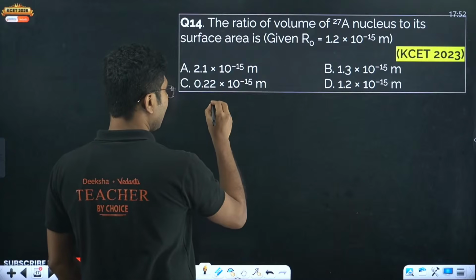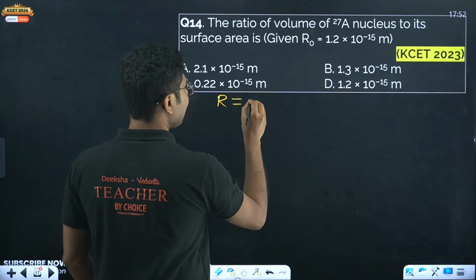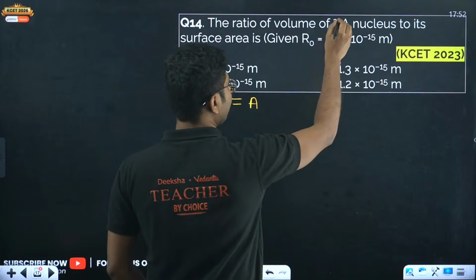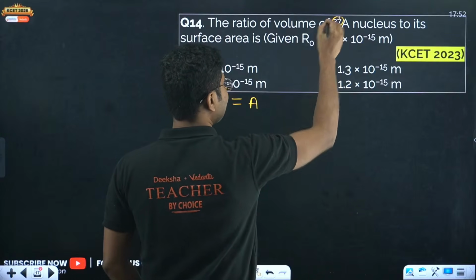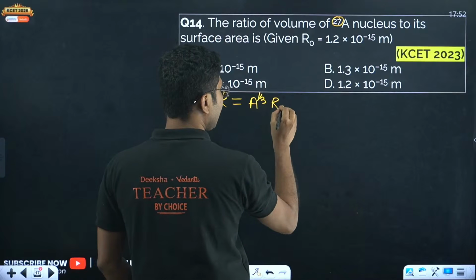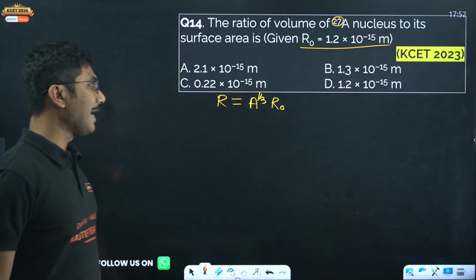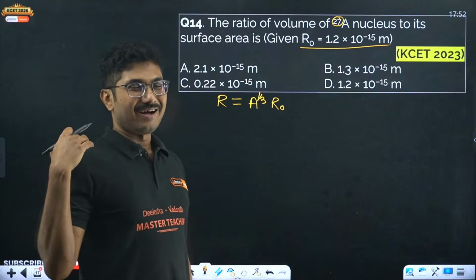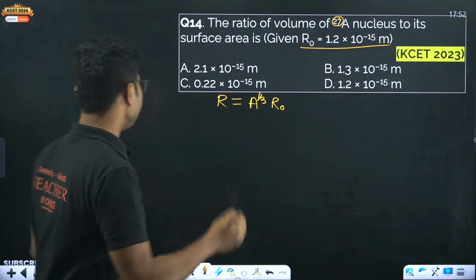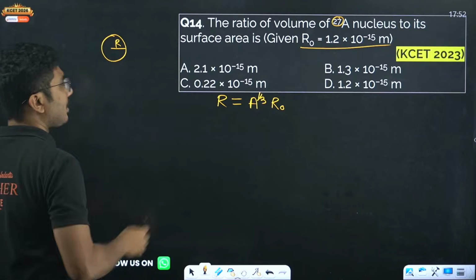Suppose the radius is given by R. R is given as the mass number to the power 1/3 times a constant R naught. The R naught value is given in the question. This is the radius of any atomic nucleus.